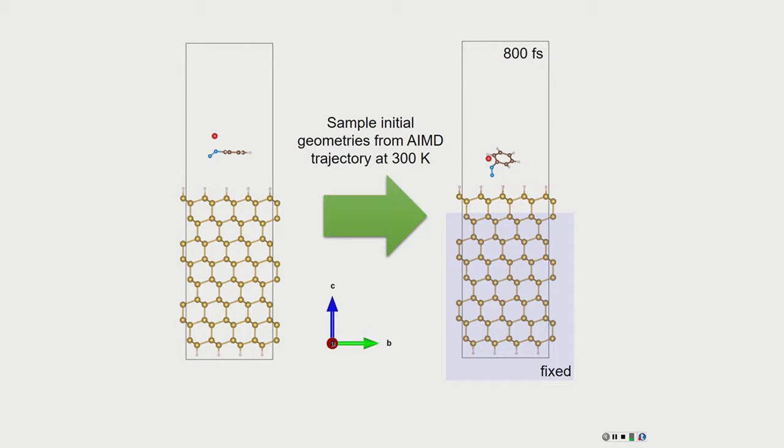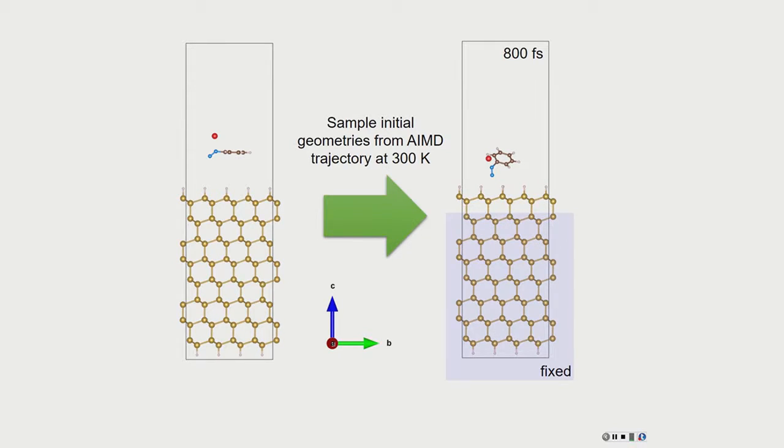So here is my model. The surface I chose is silicon 111, and this is the diazonium cation, and this is bromide. I cannot remember the distance, but I guess probably it is like 4.5 angstrom for the molecules. I first ran just a geometry optimization, and then I ran room temperature ab initio molecular dynamics. The reason I run room temperature ab initio molecular dynamics is just to sample initial geometries from the trajectory.